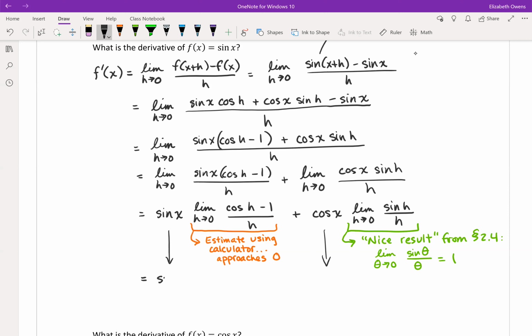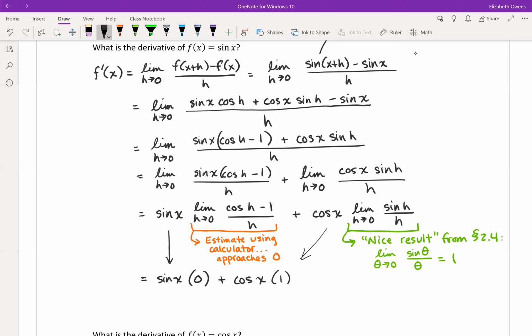All right, we have sine x, and the value of this limit turns out to be 0. And then over here we have cosine x, and the value of this special limit, the nice result, was 1. And so we have sine x times 0 plus cosine x times 1.